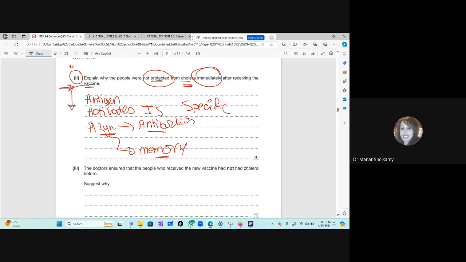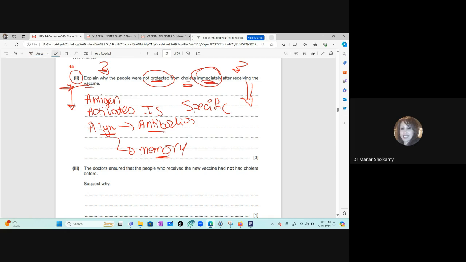You understand? So this is such a twisted question, and the answer is the same. If the question was direct, what happens in the body when you are infected with cholera, you will find that the question is nice and easy and you will be happy and satisfied. But when they give you this question, you will panic. Explain why the people were not protected from the cholera immediately after receiving the vaccine.